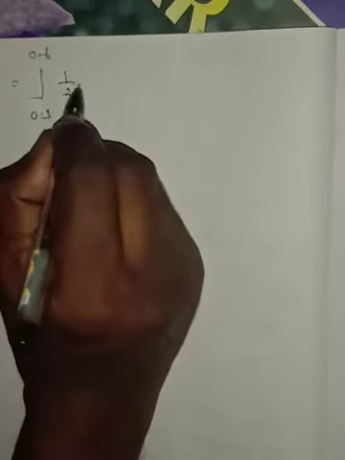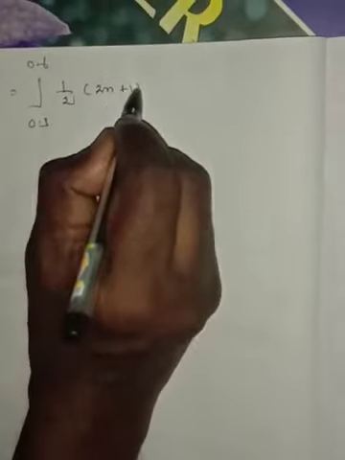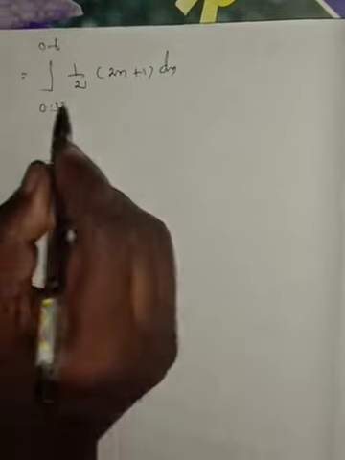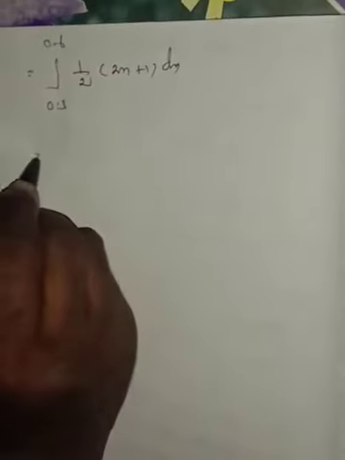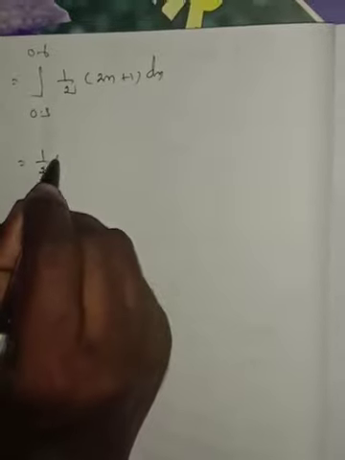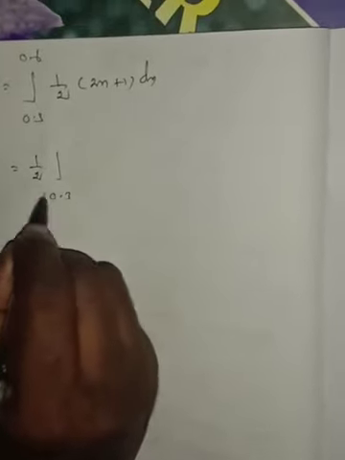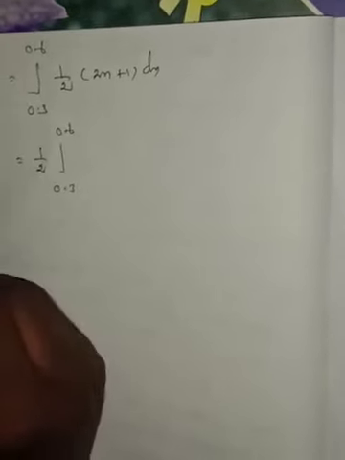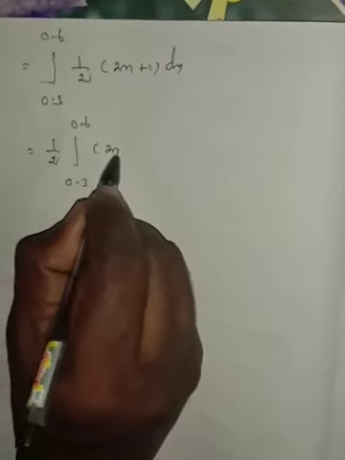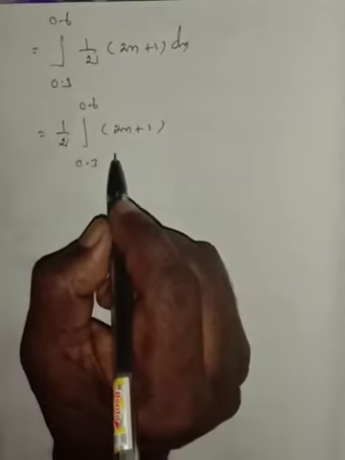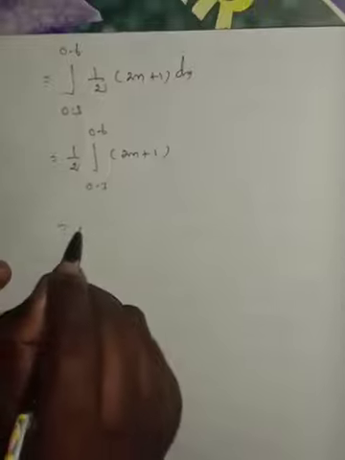Half into 2x plus 1 into dx; 1 by 2 is a constant number outside the integral. 1 by 2 times the integral from 0.3 to 0.6 of 2x plus 1.